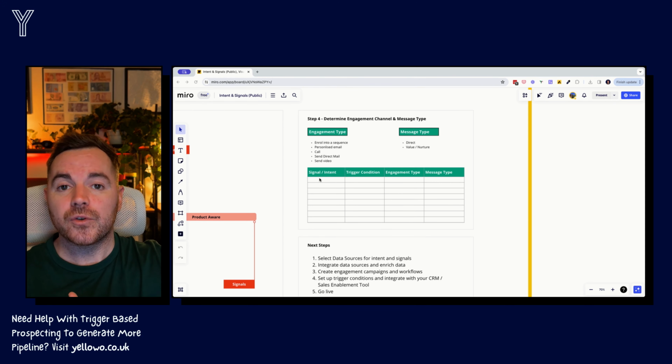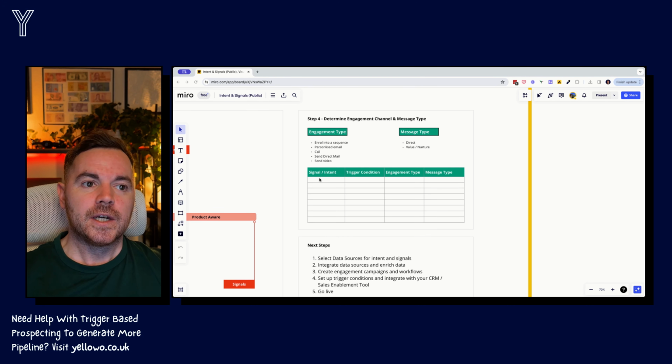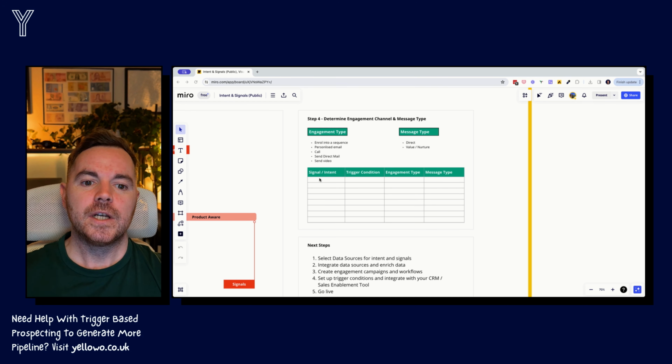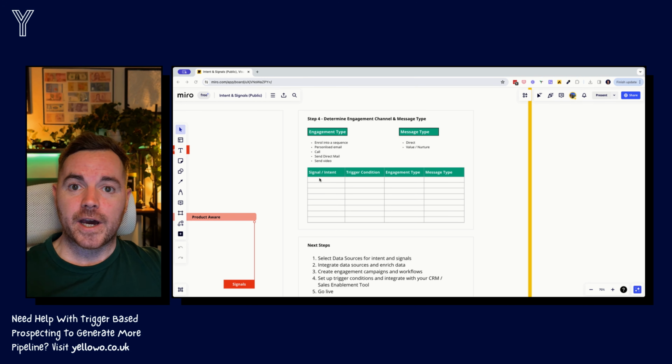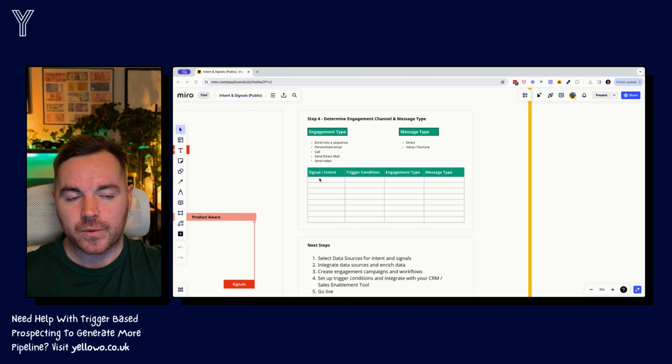So if there's been an increase in headcount growth, maybe more than a certain percentage, so increased by 20%, especially if the company started off small, or we're hiring multiple roles. There's 2 different signals that we could look for to trigger our outbound. So the trigger condition will be found more than 4 open roles, if that's the trigger that we're picking here. And then for the engagement type, we have to decide, are we just going to enroll this prospect into a sequence?